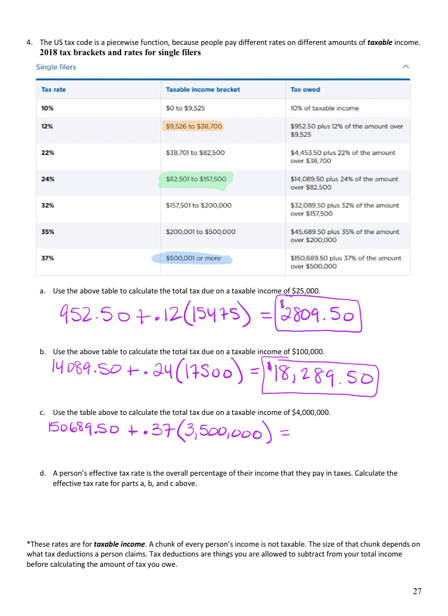So 3.5 million times 0.37, plus the 150,000 we paid for everything below 500,000, and we end up with $1,445,689.50.